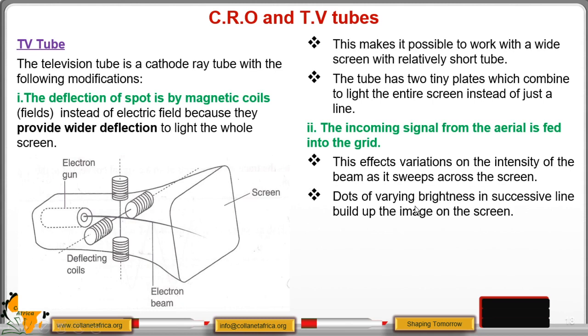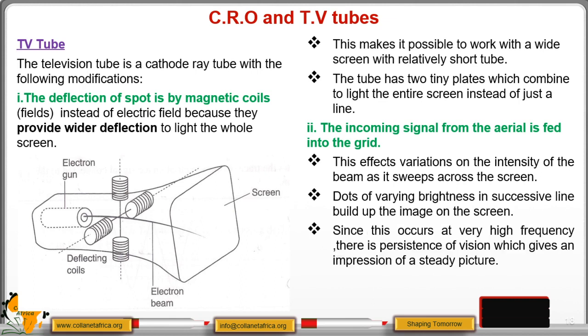The dots of varying brightness build a line, and that line in turn forms an image, and that image is what is observed on our screen.